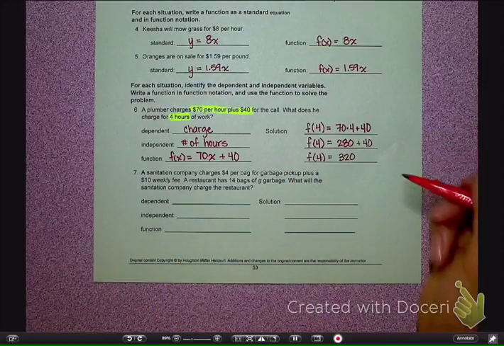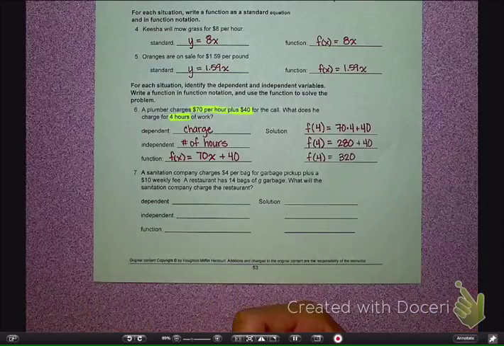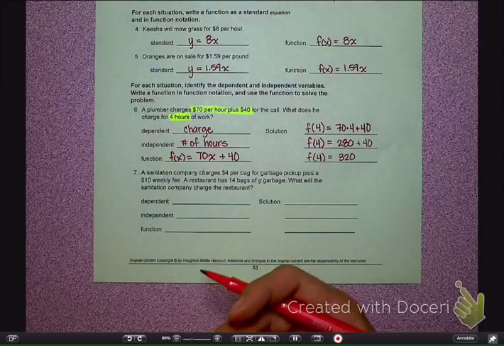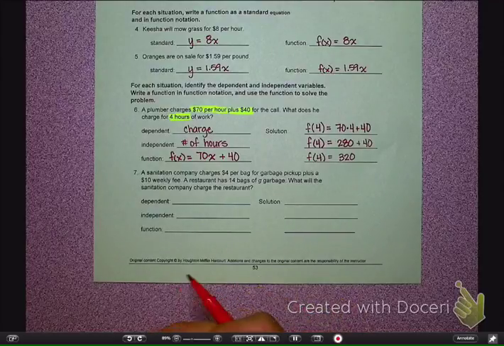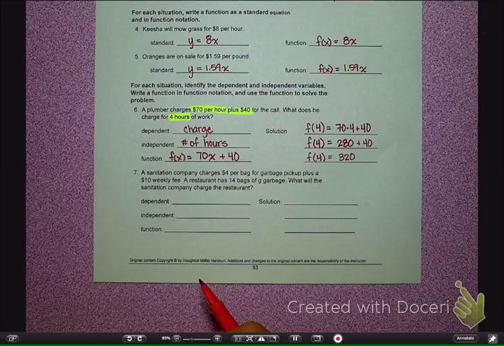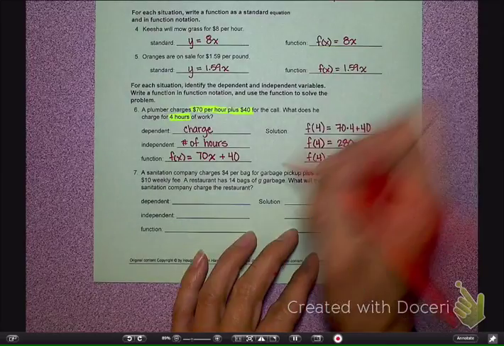So, if you were to answer this question with a complete sentence, what would you say your answer is? The solution to this problem is 320. But I ask you, what does he charge for 4 hours of work? He charges $320, right?